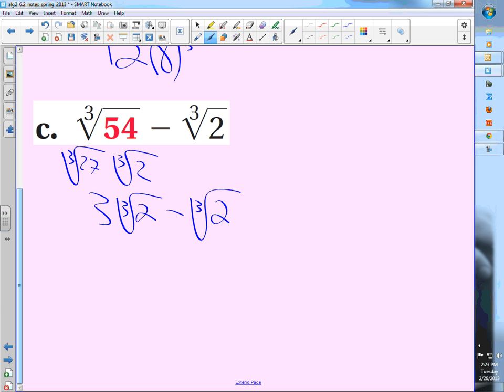You have 3 hot dogs minus 1 hot dog leaves you 2 cube roots of 2. Don't change the rules because we have these funny radical looking things. You got 3 of them, take away 1 of them, leaves you 2 of them. That's not going to change. 3 minus 1 is 2 of those things. Whatever the things are, they just happen to be this ugly cube root of 2 deal.